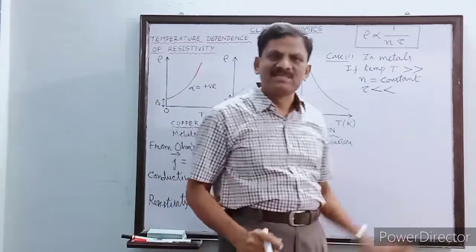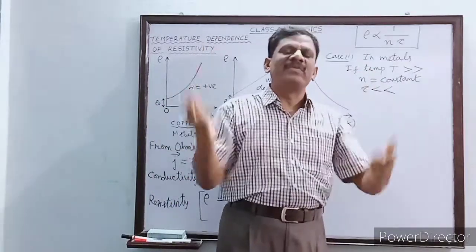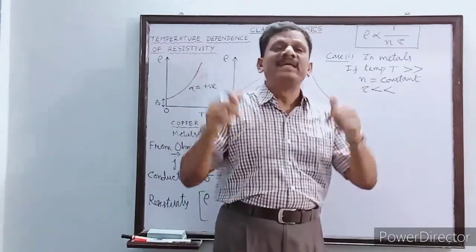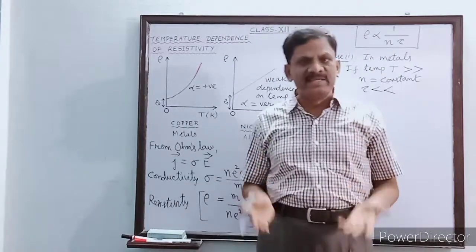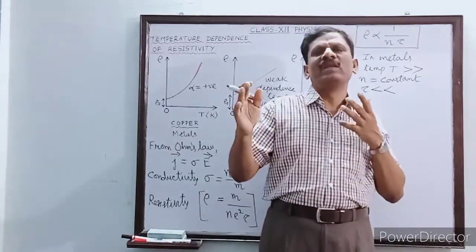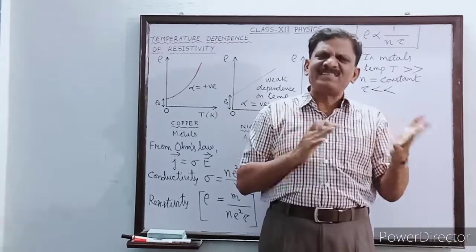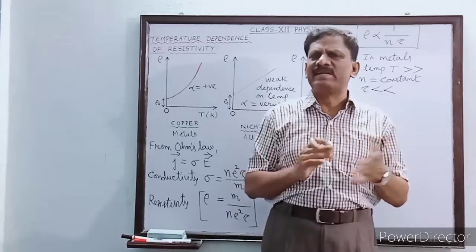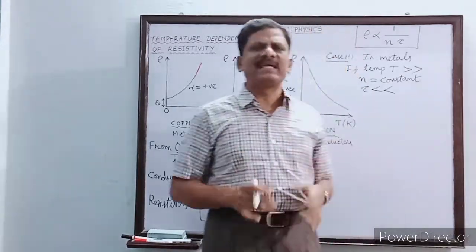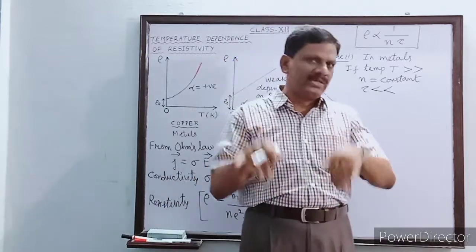I hope you must have understood. As the temperature is increased, the kinetic energy of the free electrons will increase, so the collisions will take place very fast. Rapid collisions with the ions will take place, so that the average relaxation time tau gets reduced.